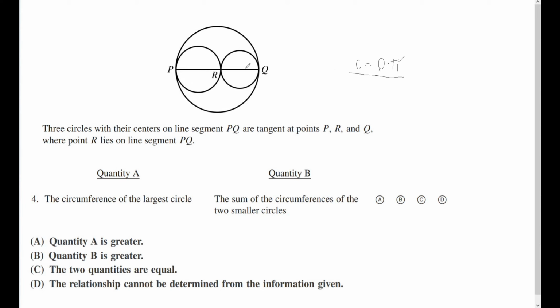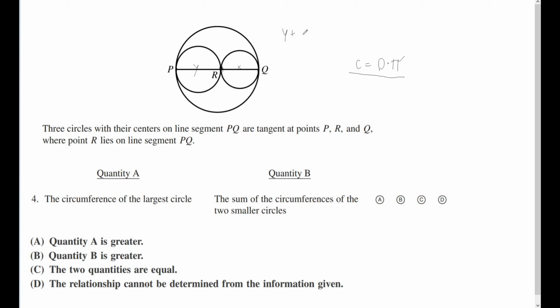So let's start by calling these different variables. Let's call this diameter x, let's call this diameter y. So from here to here is going to be y, and from here to here is going to be x. So x therefore represents the diameter of the circle that's created here. Y is the diameter of this circle, and then y plus x is going to be the diameter of the largest circle.